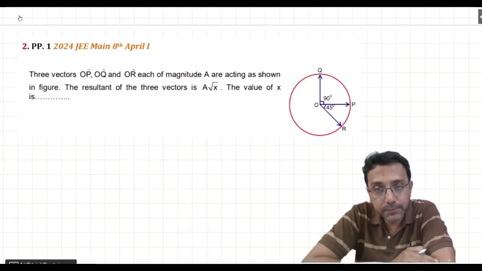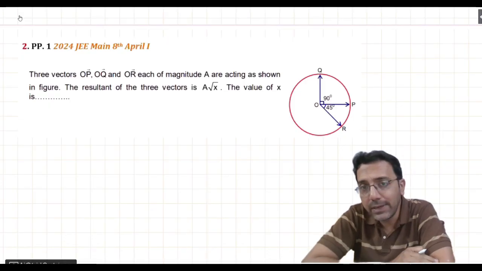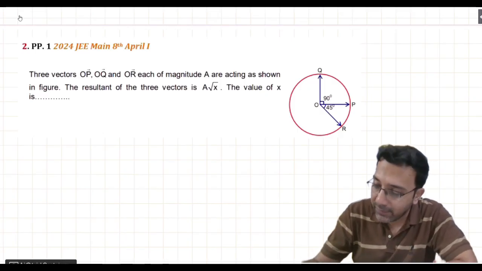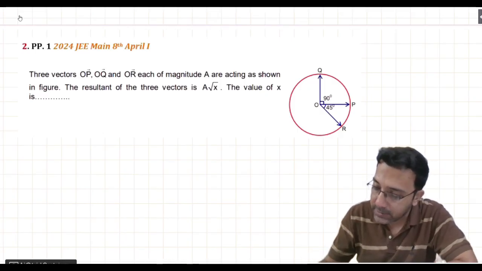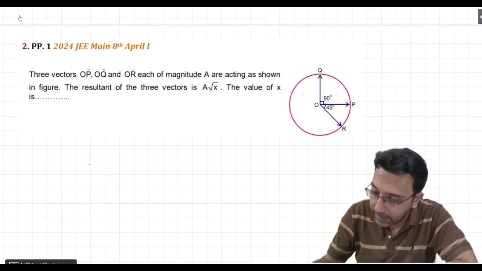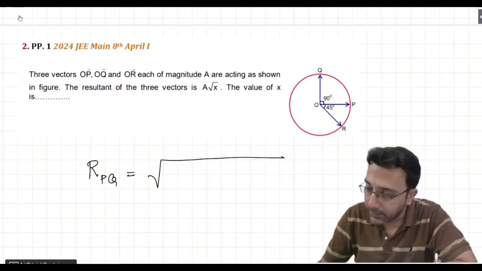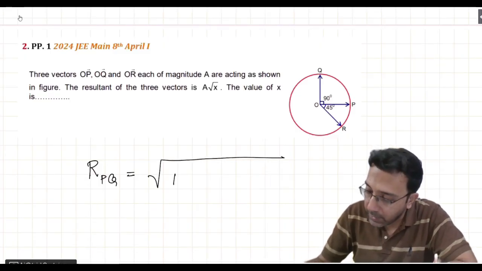So how to do that? First, let us find the resultant between vectors P and Q. That is known to us. I am writing that resultant as vector R PQ is equal to root over P square plus Q square plus 2PQ cos 90 degrees.